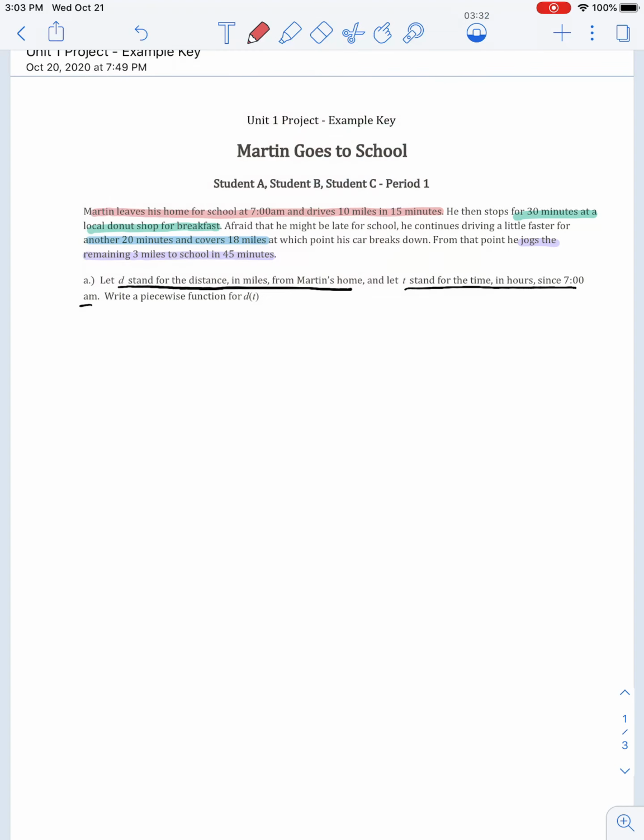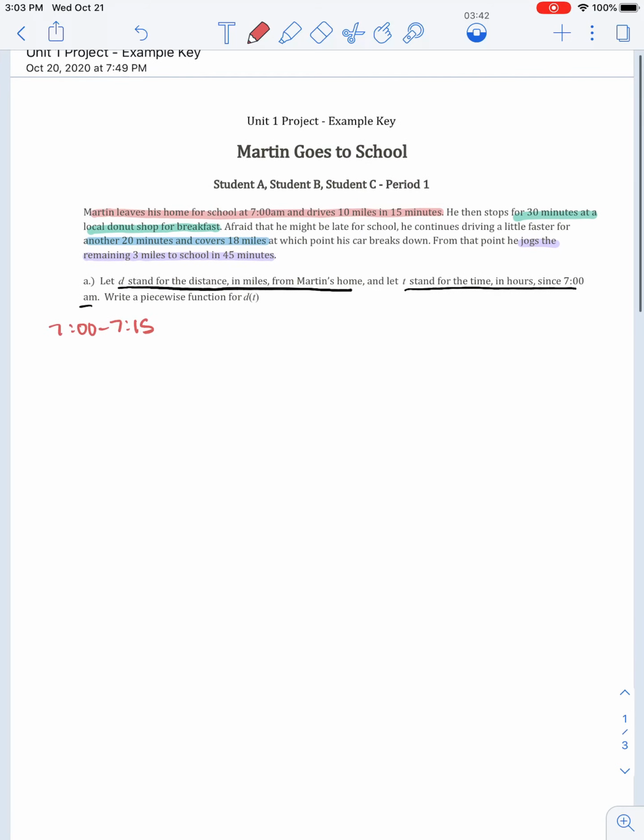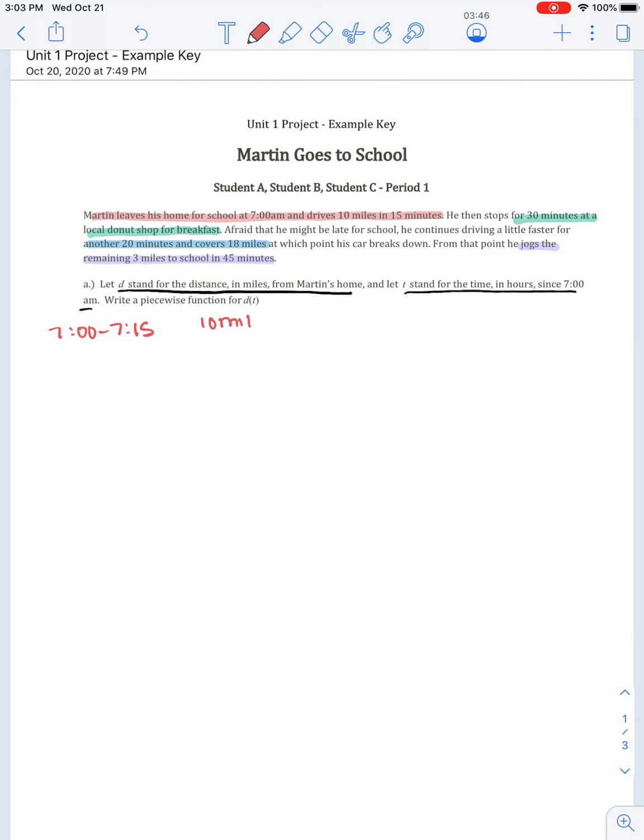So the first piece from 7 a.m. to 7:15, right? That first piece says that he leaves at 7 a.m. and for 15 minutes he drives 10 miles. Okay, so we have 10 miles in 15 minutes. We can convert that into miles per hour, right?